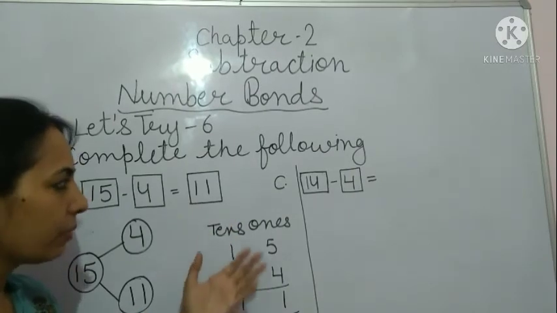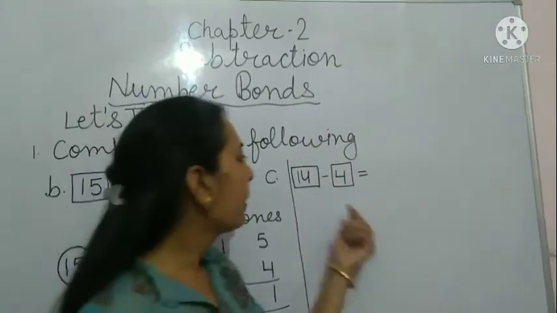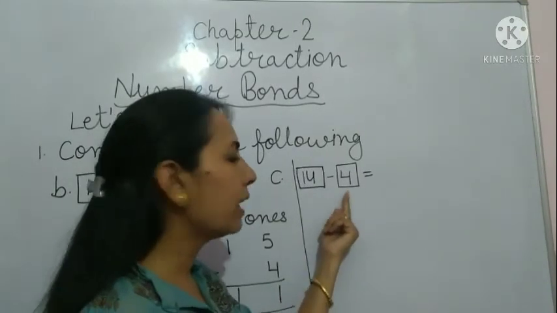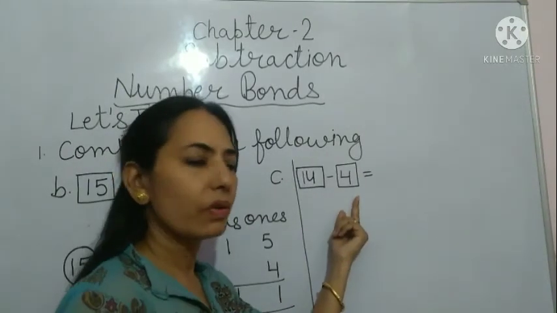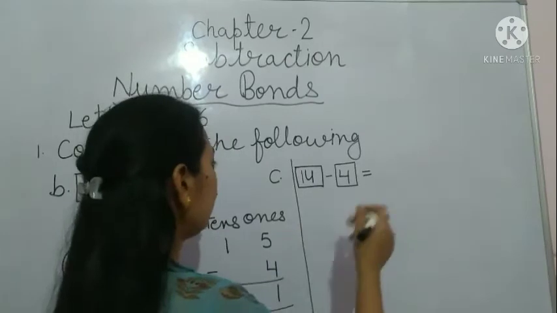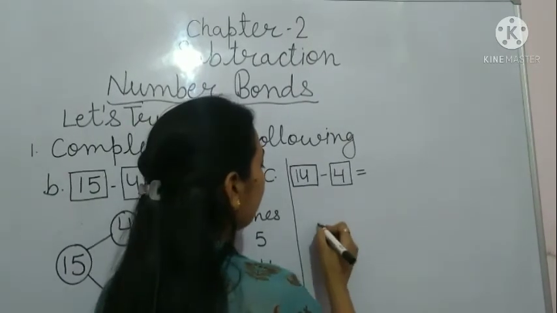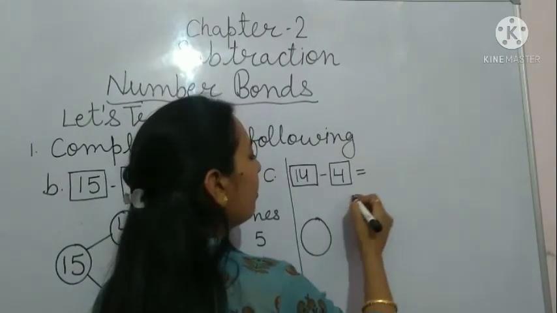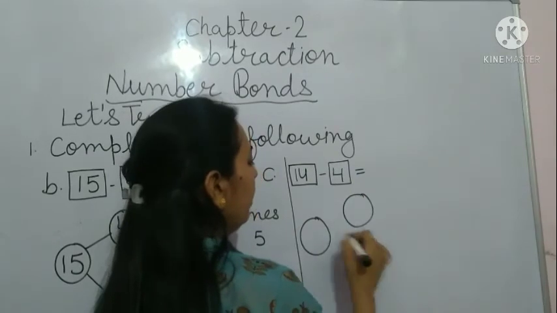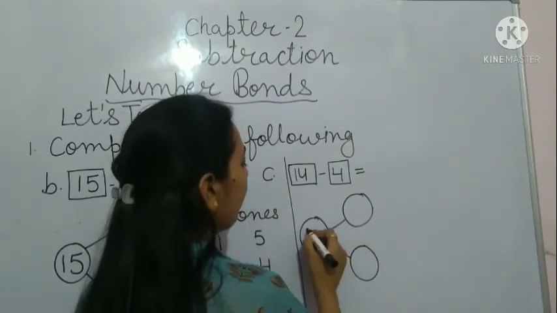Done. Now come to the next example. Now we have 14, and we have to minus 4 from 14. So we will minus, but first we will use our bond here. So we will write the whole number.